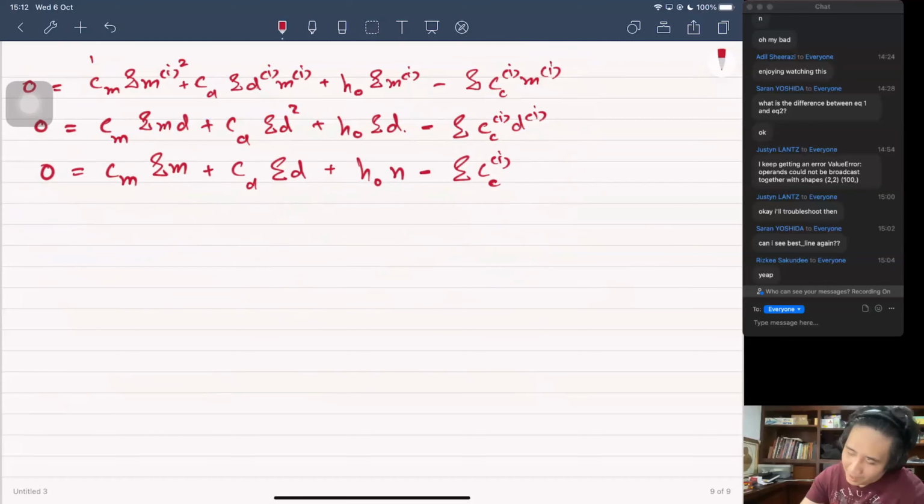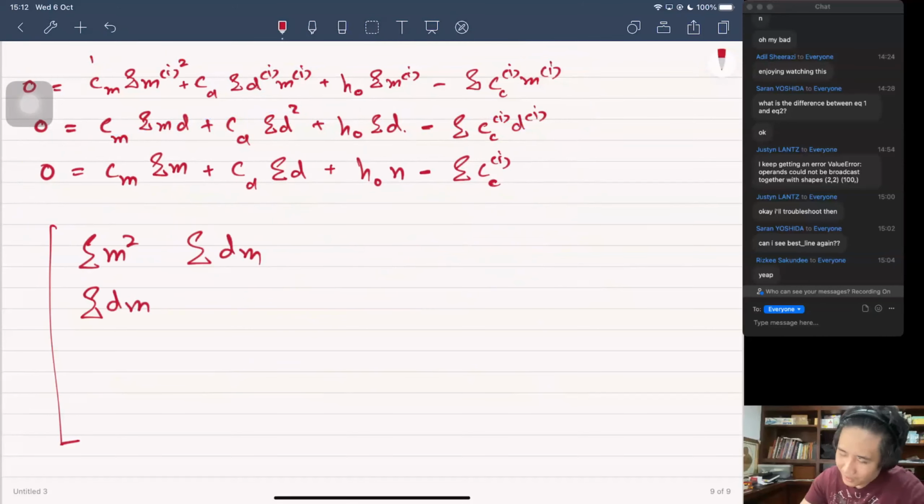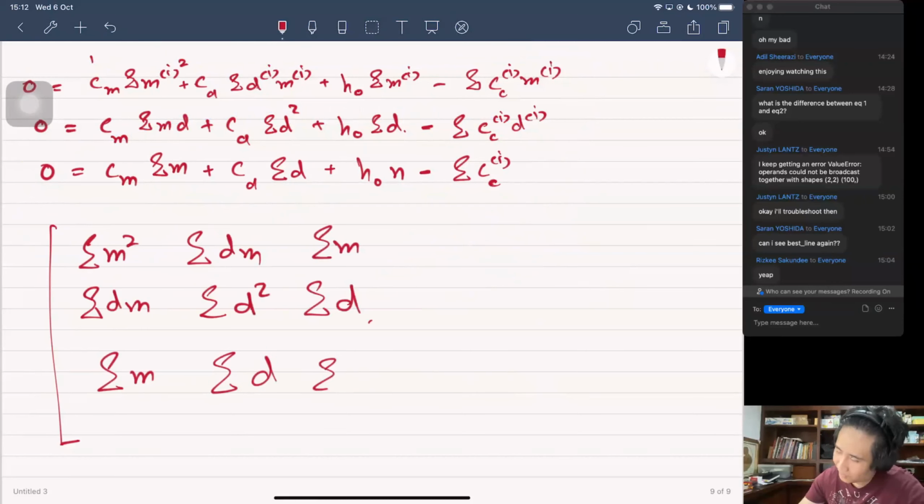So that means it's going to be the sum of mom squared, the sum of dad and mom, the sum of dad and mom, the sum of dad squared, and the sum of mom alone, the sum of dad alone, the sum of mom, sum of dad, and not the sum of anything, just n.